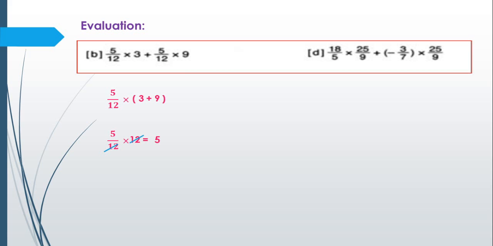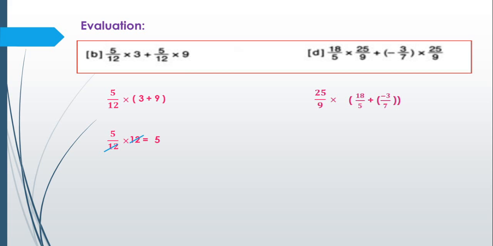18 over 5 times 25 over 9 plus negative 3 over 7 times 25 over 9. The common number is 25 over 9. 18 over 5 plus negative 3 over 7. We can't find the same denominators.